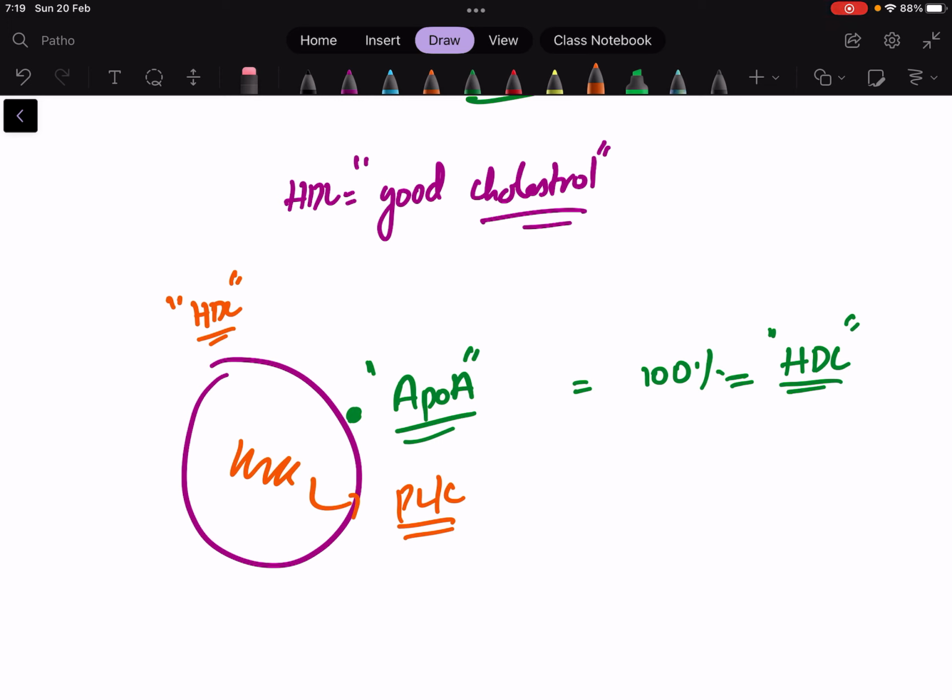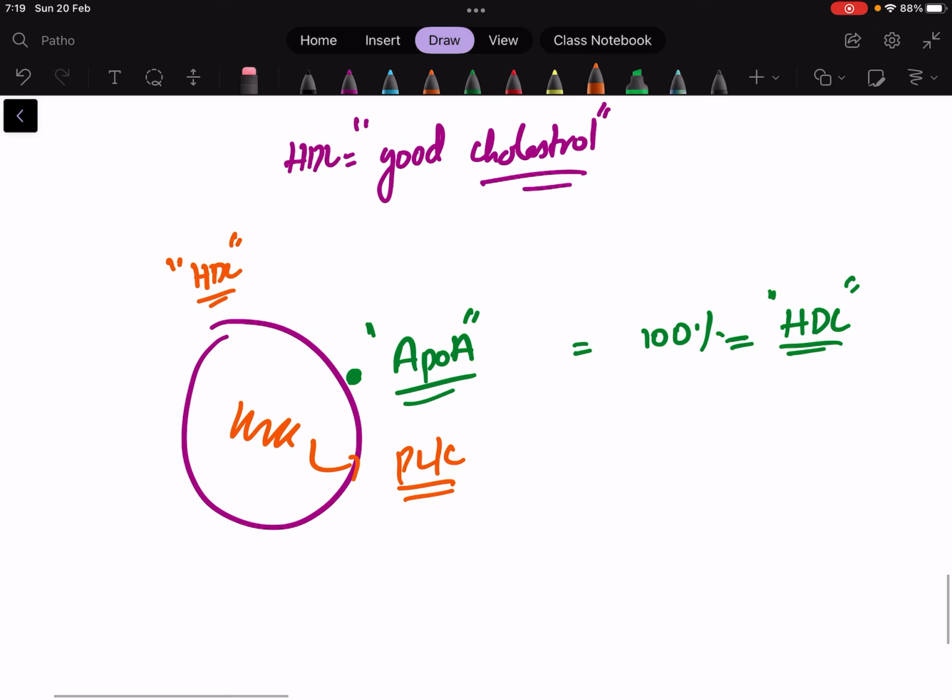So whenever you see a protein with ApoA, you can confidently say that it is a high density lipoprotein. Obviously chylomicrons also have ApoA, but HDL has far more than chylomicrons.